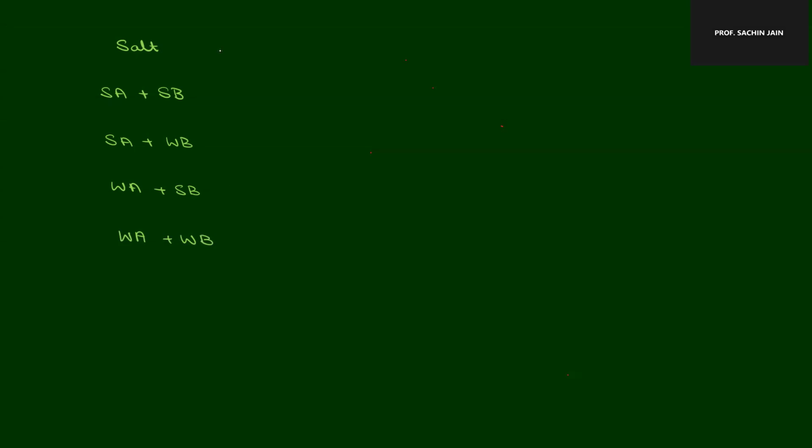Now, for the first case, strong acid and strong base ka salt, does it undergo any hydrolysis? No. Because hydrolyze करने पर you will get strong acid and strong base which will dissociate completely only. मतलब उसका कोई lysis actually होगा नहीं.